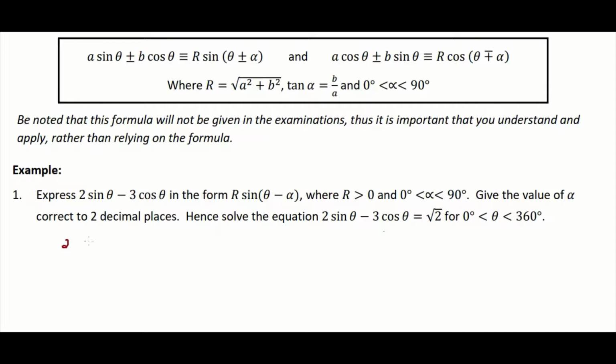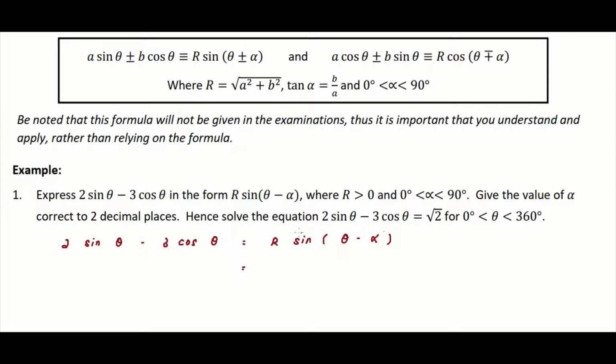Okay, so what we try to do is 2 sine theta minus 3 cos theta equal to r sine (theta minus alpha). So we try to do the same thing, which is to expand it.